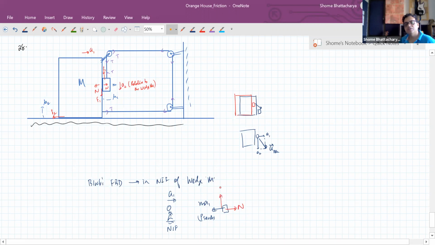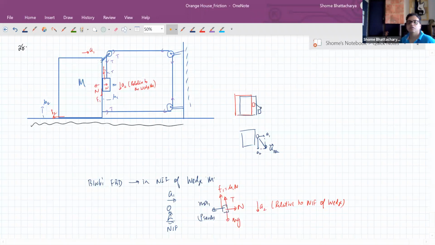That is creating friction. That is mu1 n. Of course, there's tension in the thread, and in this frame, the relative acceleration is this. Okay. So from this, you have n is equal to ma1 and mg minus t minus mu1 n is equal to ma2. So you have these two equations.